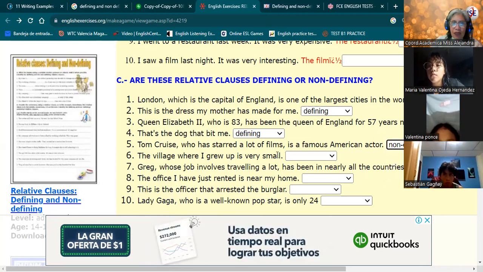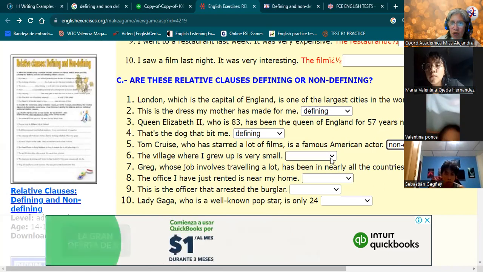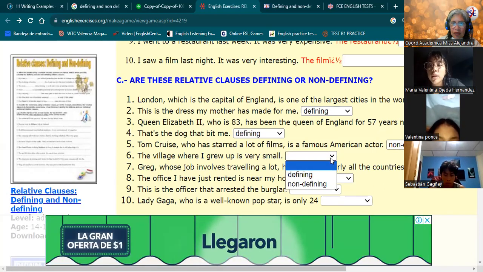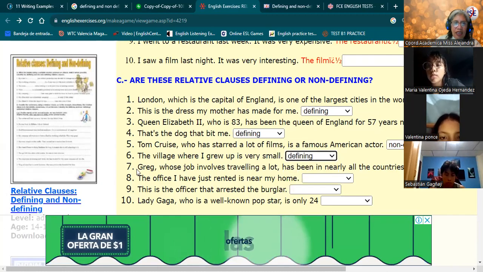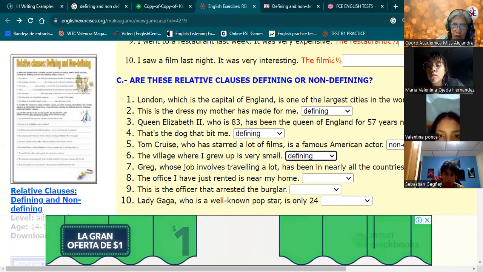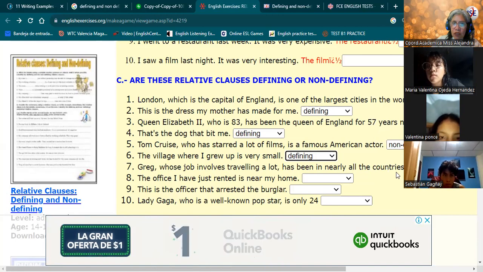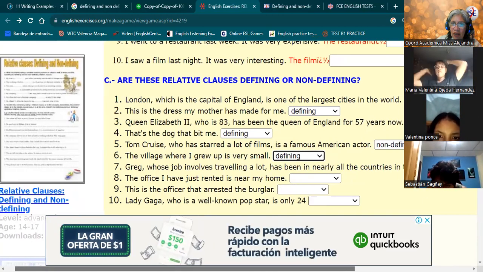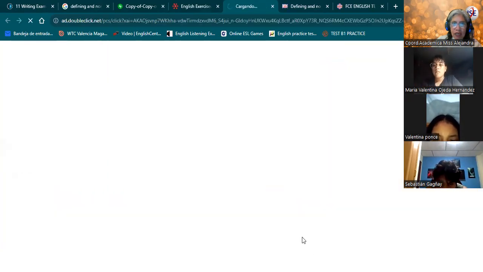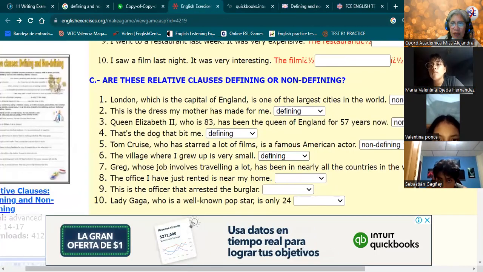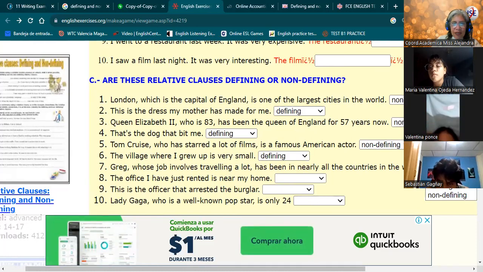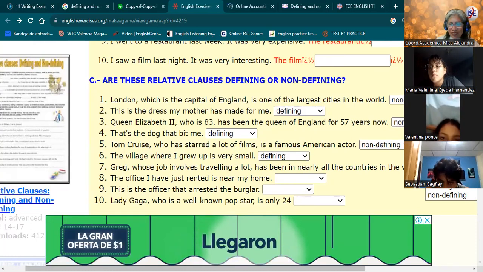Maria Valentina, the village where I grew up is very small. Defining. Sebastian, Greg, whose job involves traveling a lot, has been in nearly all the countries in the world. Defining or non-defining?